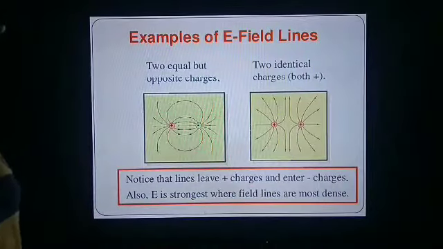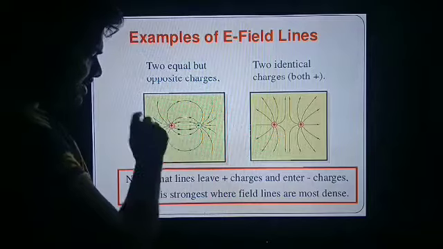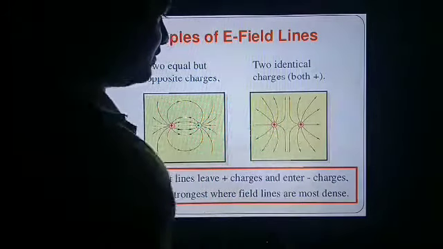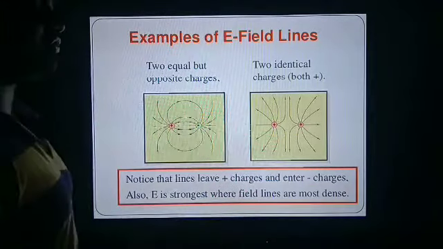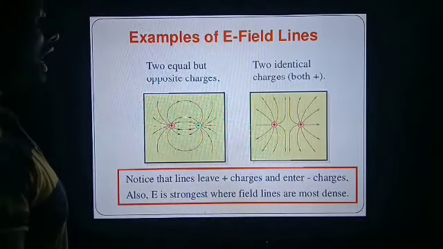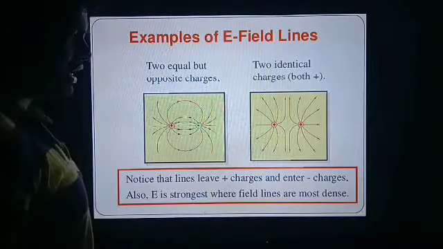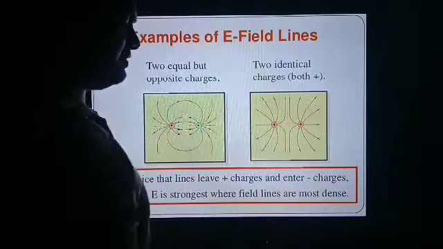The electric field lines, suppose that in first diagram, there are two charges, one is positive, another is negative. In second diagram, both are positive. So, you may write a question, draw the electric field lines due to an electric dipole. This is called electric dipole, we will discuss later. And due to two similar positive charges or negative charges.